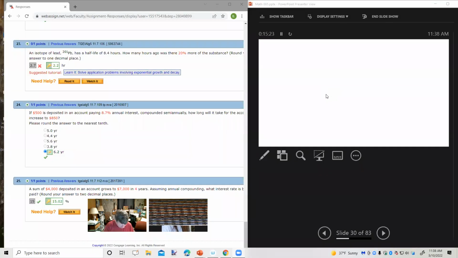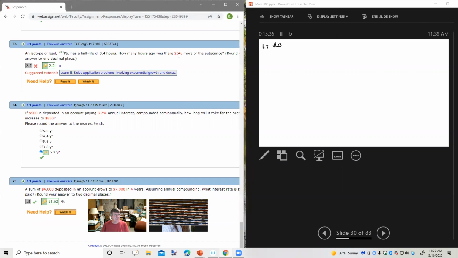Okay, so this is again from 11.7, and this is number 23. It says an isotope of lead, 201 Pb, has a half-life of 8.4 hours.